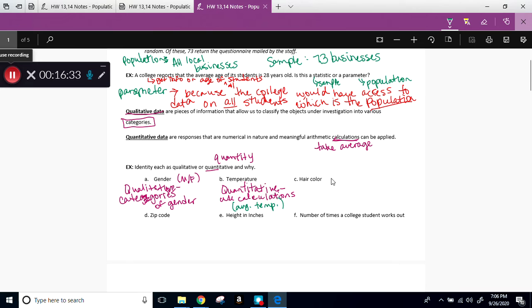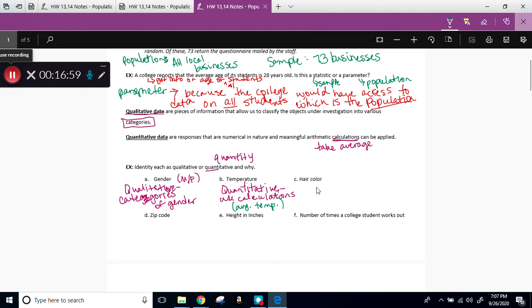She was real dark blonde, and she'd say it looks like the color in the sink after you wash the dishes. I'm like, you've got to come up with a different name than that, maybe tawny or something. Anyway, I've always had brown hair. But you can't take an average of that, can you? You can't say, okay, you've got dark hair, you've got light hair, the average would be reddish, brownish. You can't really do that.